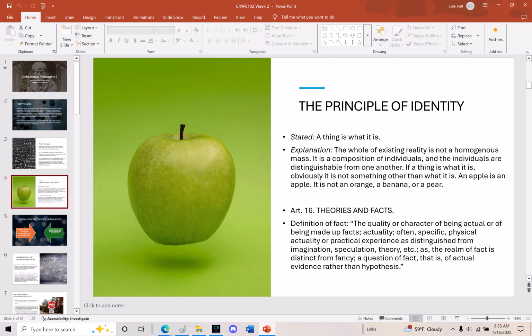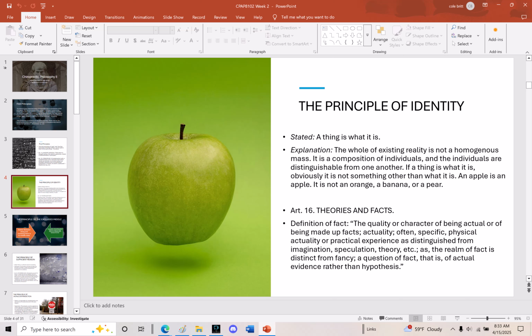This is from Stevenson. Article 16, Theories and Facts. His definition of a fact, the quality or character of being actual, or of being made up of facts. Actuality, often specific physical actuality or practical experience, as distinguished from imagination or speculation or theory. As the realm of fact is distinct from fancy, a question of fact, that is, of actual evidence rather than hypothesis.